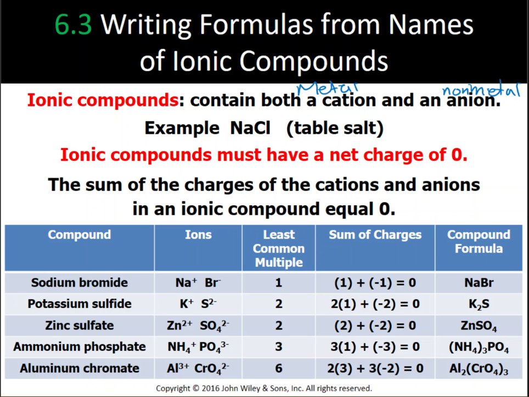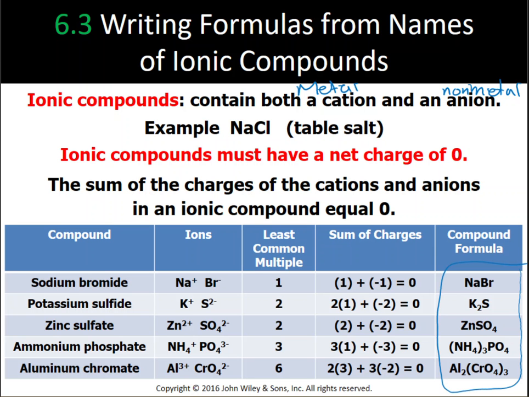These are some examples of ionic compounds. We can have a combination of any cations and any anions. What I want you to pay attention to here is that the formula of the ionic compound does not have any charge on it.